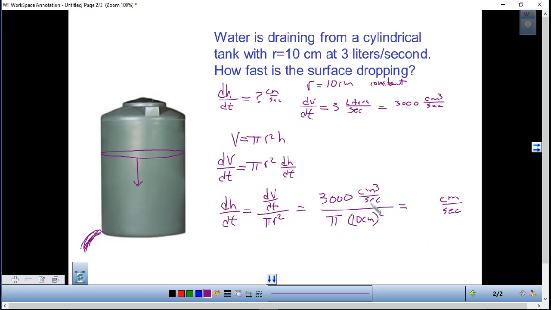So supposedly, looking like we've actually got this thing set up correctly. So when we do the 3,000 divided by 100 pi, we're going to end up with 30 over pi centimeters per second. And that's going to be your rate of change of the height with respect to time at that instant in time when 3 liters per second are coming out.